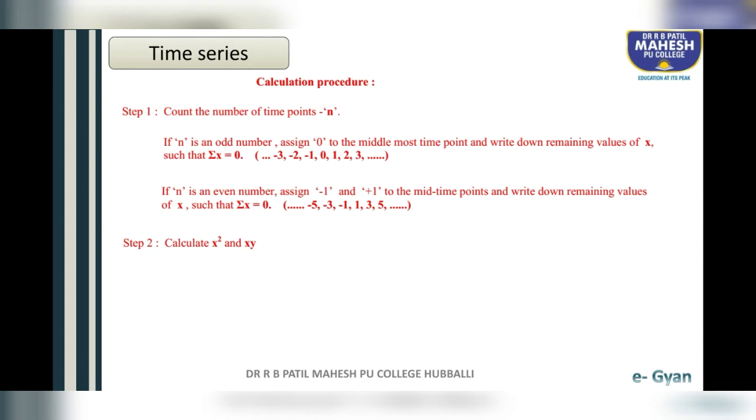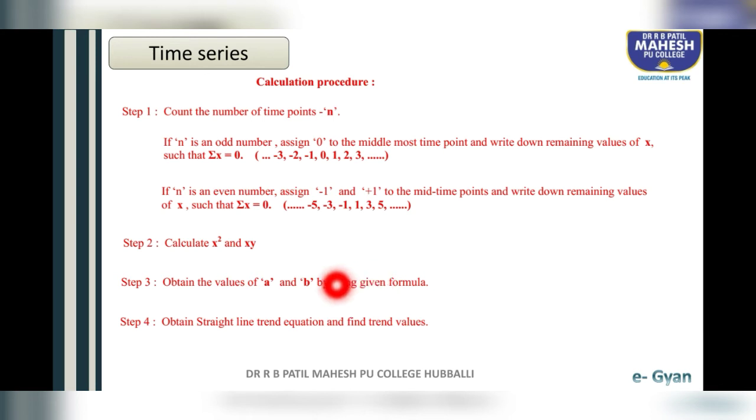After writing the x values, step 2 is to calculate x square and xy. After finding x square and xy, step 3 is to obtain the values of a and b using the given formulas.